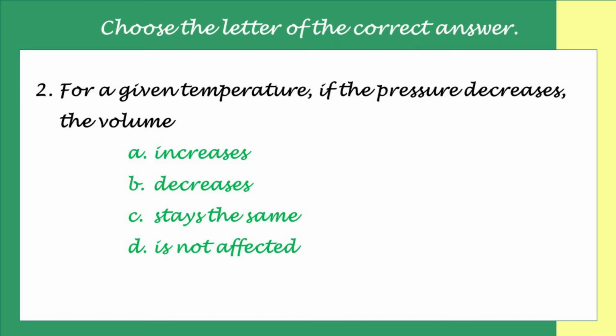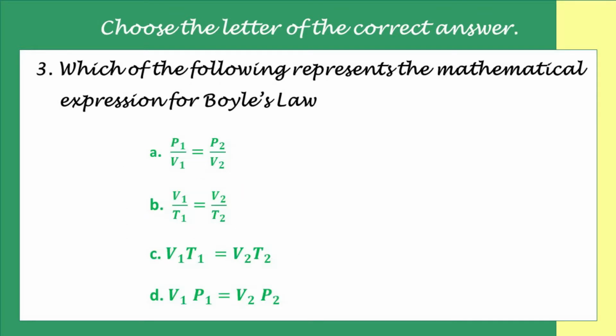Second question, for a given temperature, if the pressure decreases, the volume A. increases, B. decreases, C. stays the same, D. is not affected. Letter A, increases. You're right. Third question, which of the following represents the mathematical expression for Boyle's law?